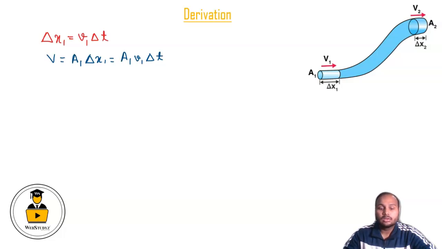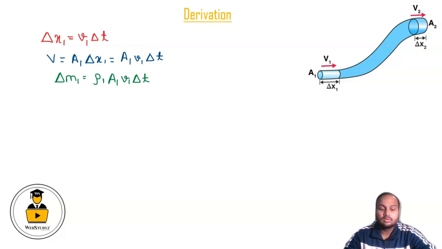It is known that mass is equal to density into volume. So the mass of the fluid in del x1 we can write as del m1, for small mass. This will be equal to density into volume. Density we can take as rho 1, and volume we have calculated above, so it is A1 into v1 into del t.